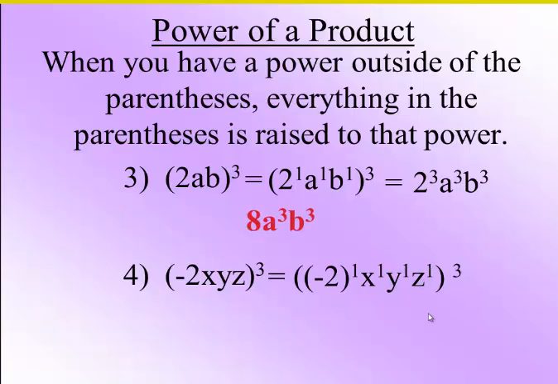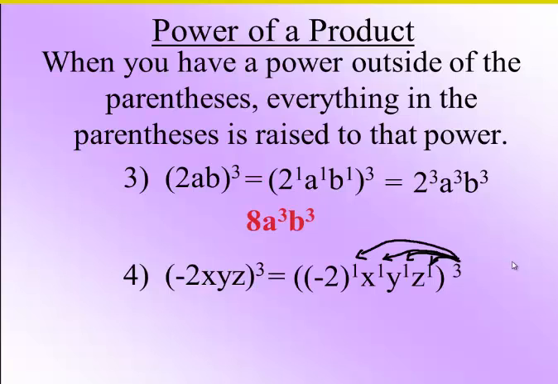So once we distribute our exponent here, you will have here negative 2 raised to 3, then x raised to 3, y raised to 3, and then z raised to 3.